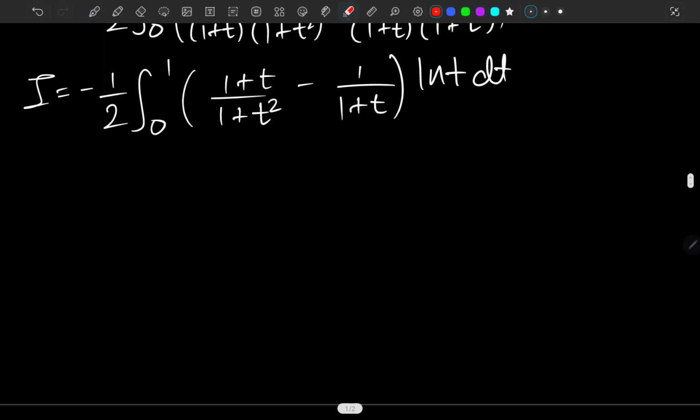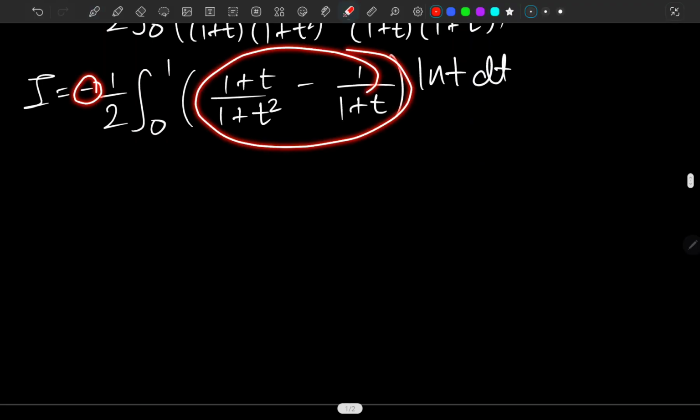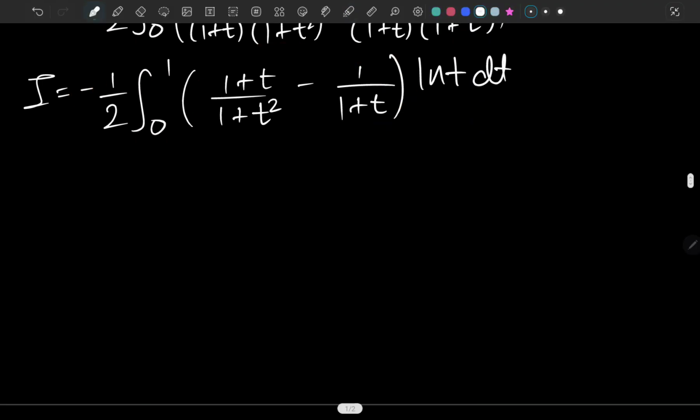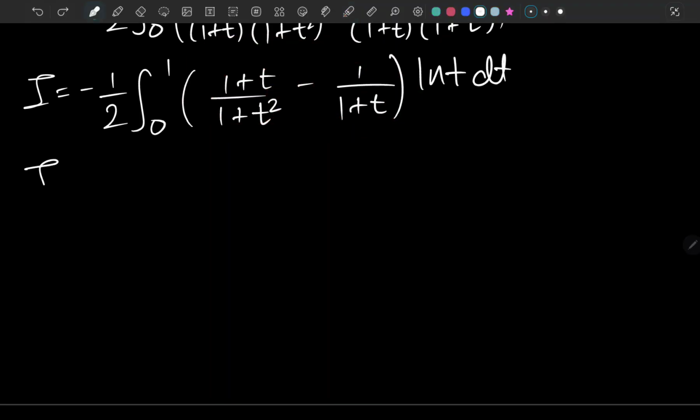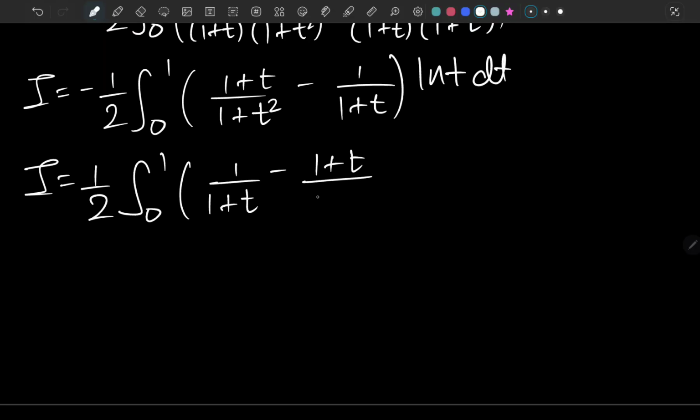Now I'm just going to multiply this negative into this parenthesis in order to reverse the order, so this would come up here, and this would come up here with a negative sign. So it's 1 over 2 integral from 0 to 1, 1 over (1 plus t) minus (1 plus t) over (1 plus t squared), and ln t dt.